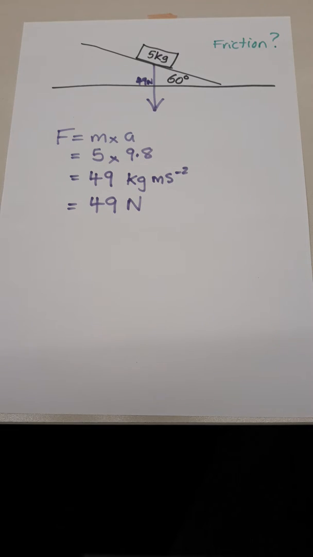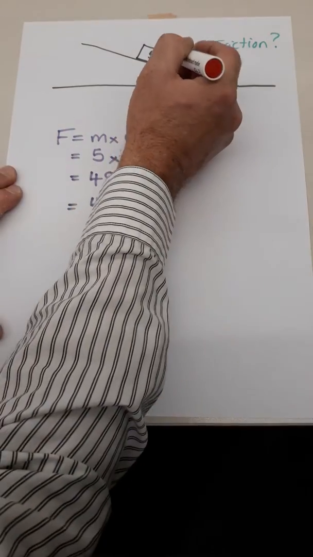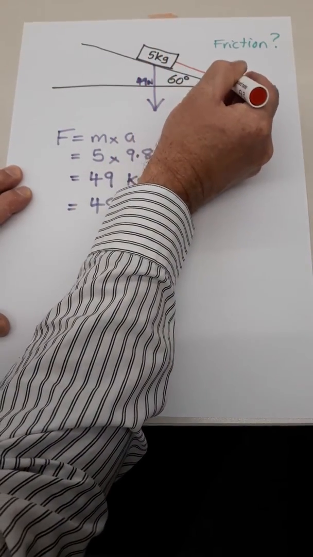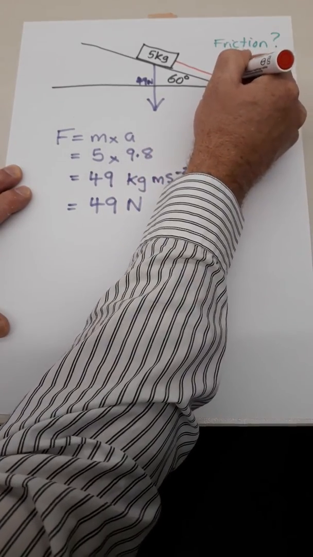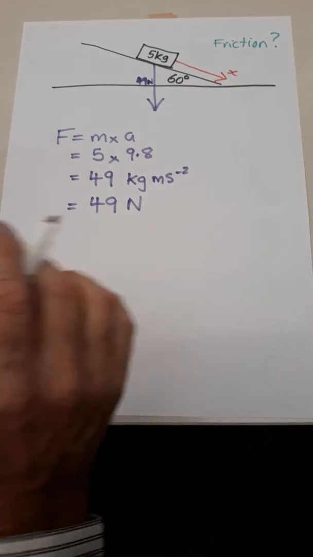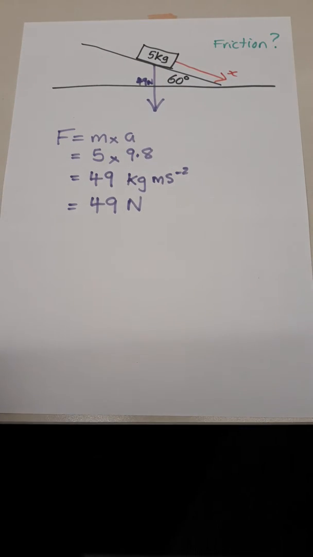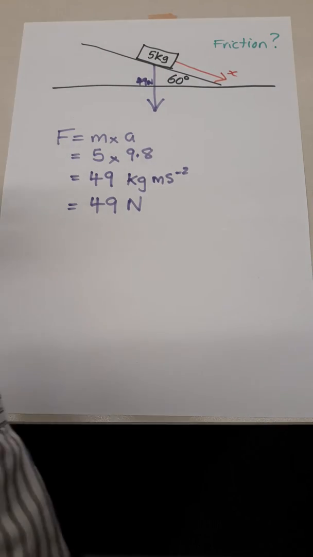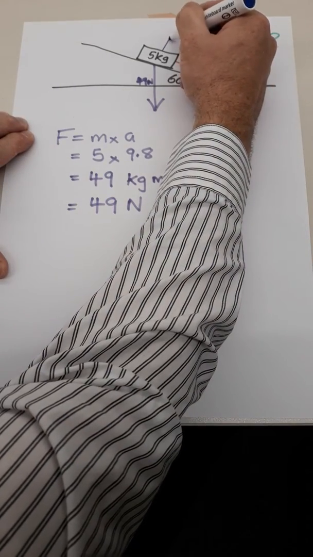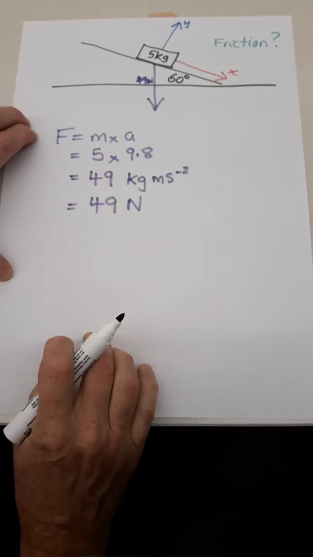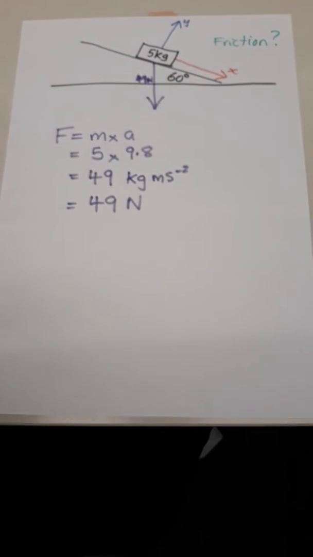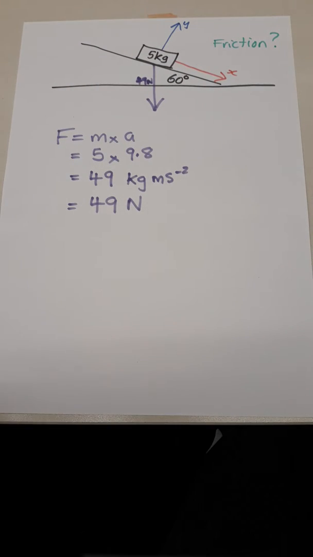So I'm going to declare going down the plane to be my x-axis, that direction there, and I'm going to declare going perpendicular to that to be my y-axis. So I'm going to resolve that purple vector into vectors in the x and y directions.